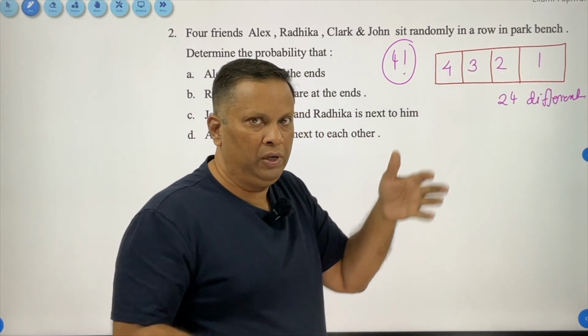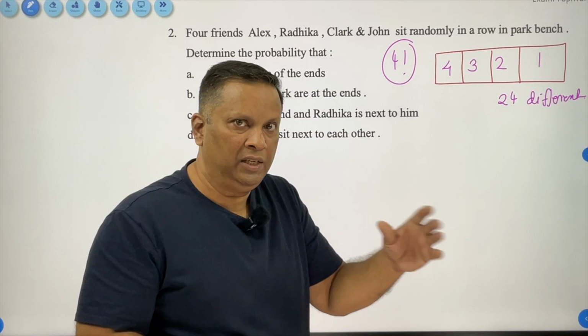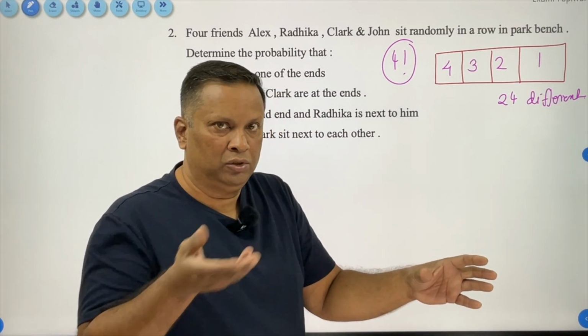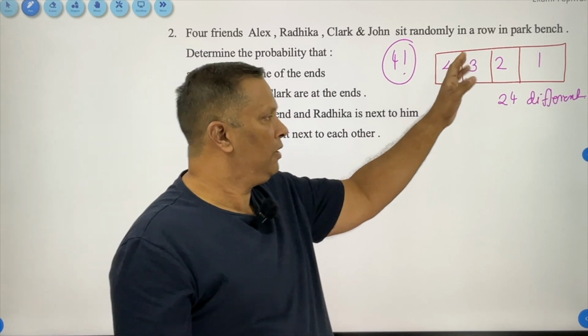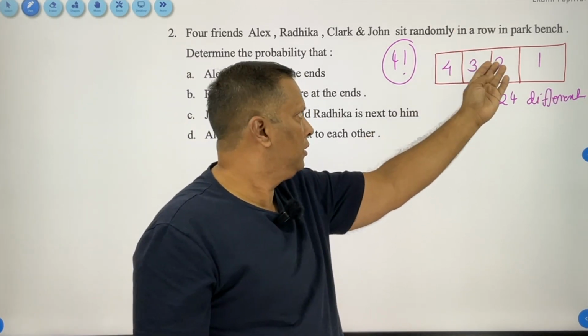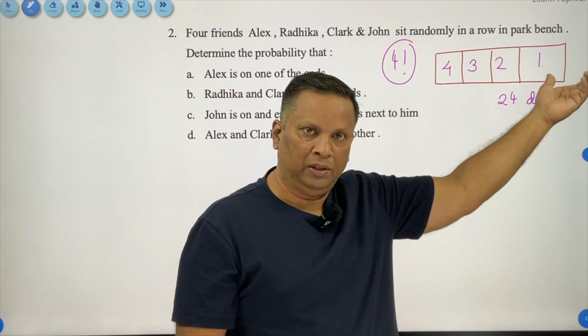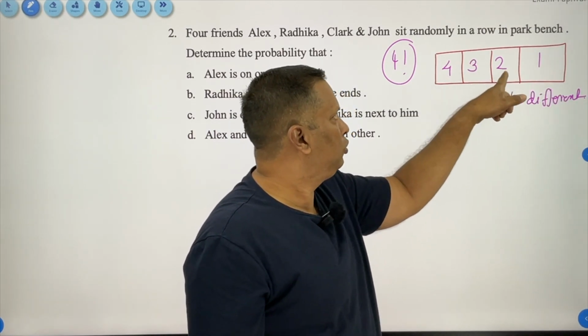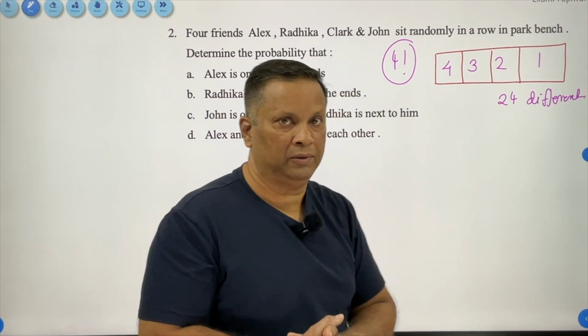The first seat you can fill in 4 different ways. After one guy sits over there, for the second seat you are only left with 3 kids. So you will put either A, B, C, 3 ways. Then after 2 kids are already sitting there, third seat, only 2 different ways. And the fourth one, the last guy sits there. So altogether 4 times 3 times 2 times 1. These 24 different ways you can fill it.